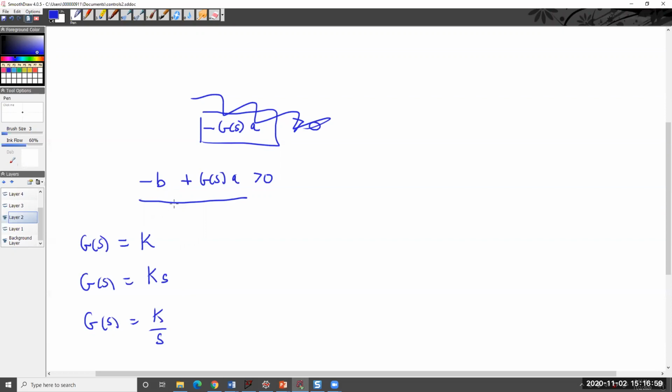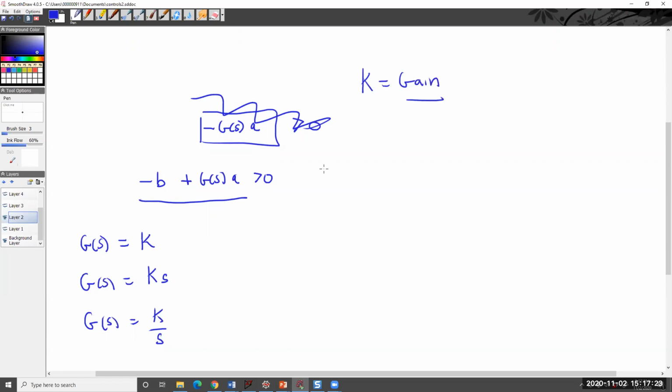So which one do you think, when you multiply it by a constant, can be used to make this whole term greater than 0? Yeah, right, Osman. K is just like a gain.